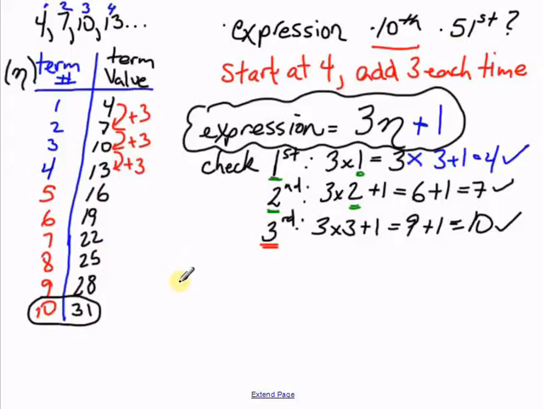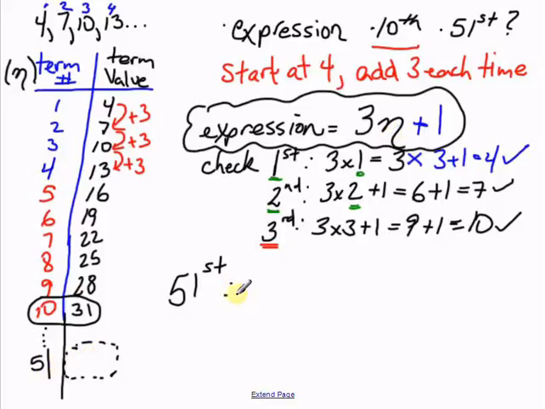So if I want to do the 51st number of the pattern, this is going to be my n. So if I was to pretend to extend my chart down to 51, what's this number going to be? I don't want to count by 3's until I get to the 51st number in the pattern.